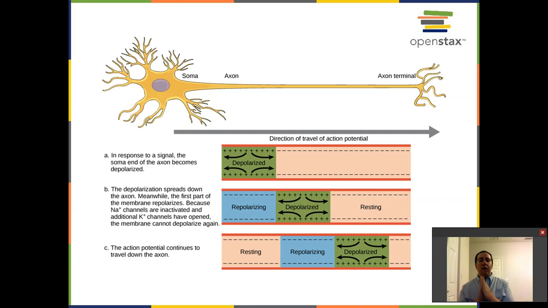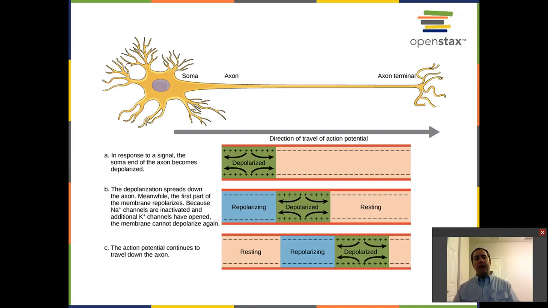Let's say we're looking at a single point on the neuron there. But a neuron is big. And so when the action potential, that big peak, is happening in one place, another part of that neuron has not reached threshold yet.